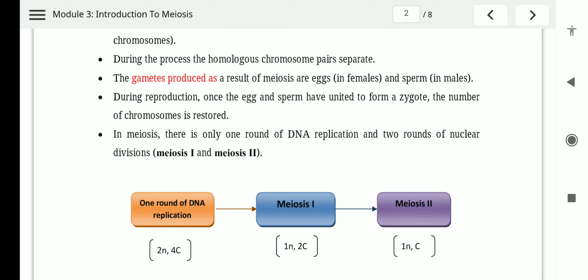If the amount of DNA is 2C, it becomes 4C in the diploid cell. Meiosis 1 and meiosis 2 are the 2 cell divisions, 2 rounds of nuclear division. So, in meiosis we should understand that 1 round of DNA replication and 2 rounds of nuclear division occur, which we call meiosis 1 and meiosis 2.